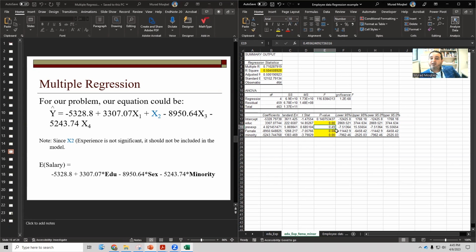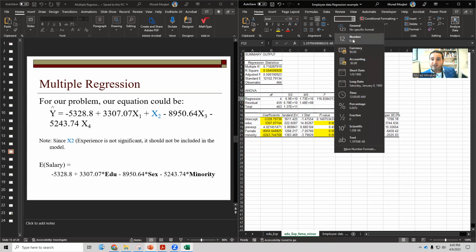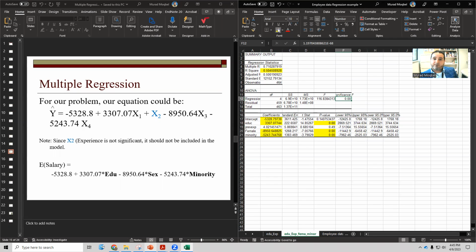To be significant, my p-value has to be less than 0.05. This one is not below 0.05, which means it's not significant. So the ones that I need to include in my equation are the significant ones and the y-intercept. Also, this one here is very highly significant for the overall model.